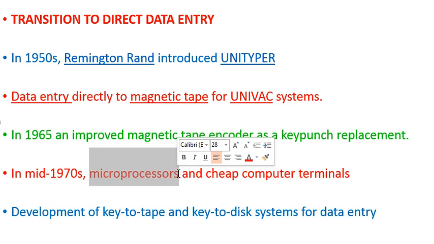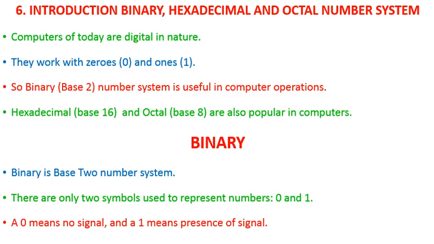And this brings about a complete transition from the key punch into the modern devices we use for transferring data into the computer. So that's all about data preparation equipment, which, as I said, is like a historical development of the computer as well.